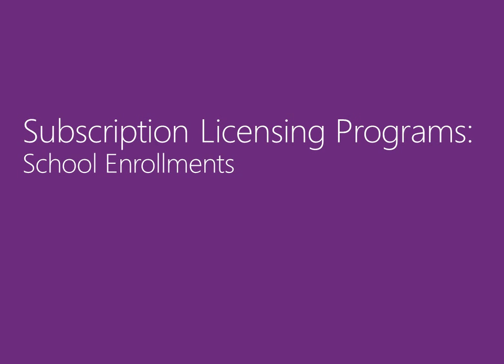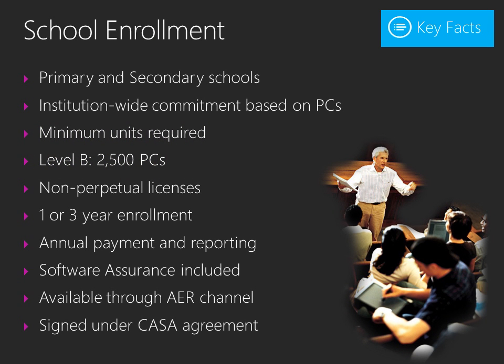So let's go into some detail now about the first of our subscription licensing programs, the school enrolment. So if we look at the key facts about the school enrolment, we can see that it is aimed at primary and secondary schools and does have an institution-wide commitment, which is based on PC count. So I will come to that in a bit more detail shortly.